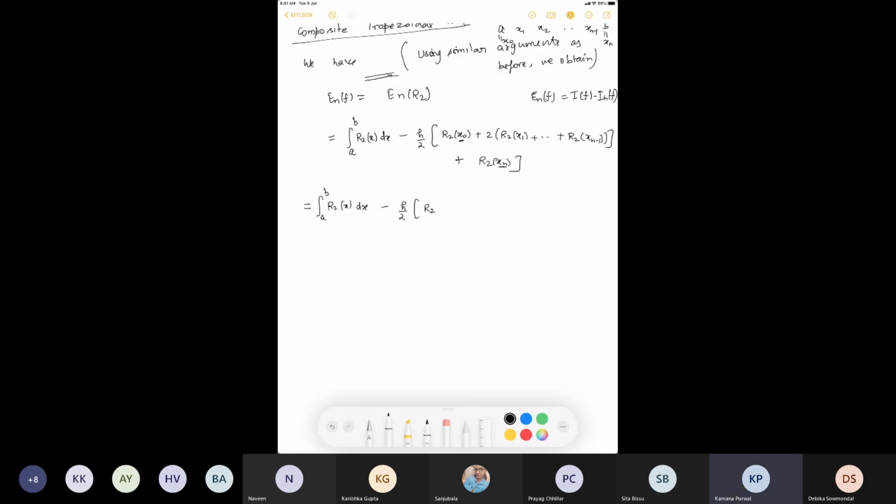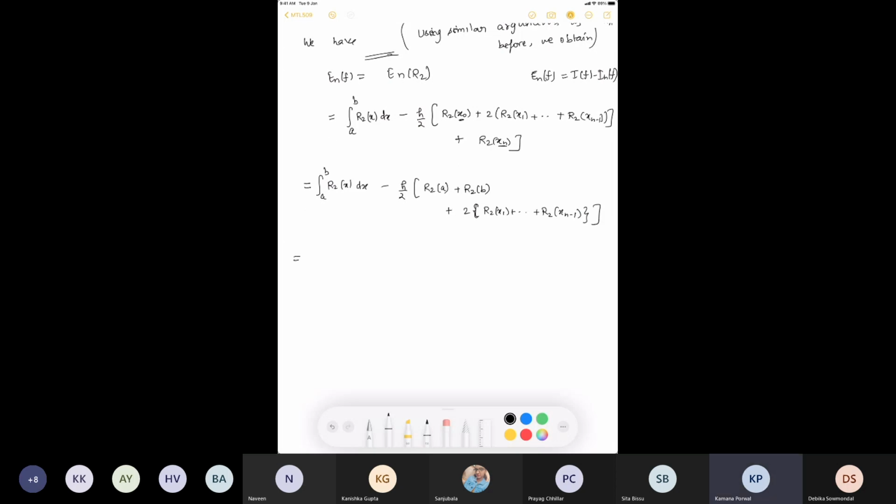So R2 at x0 is nothing but R2 at a, and the last term is R2 at xn. So this is going to be R2 at b. And then we have the terms 2 times R2 at x1 up to R2 at xn minus 1.